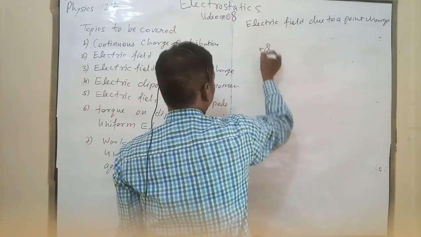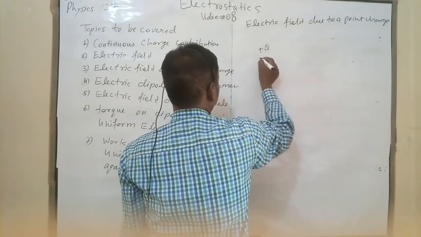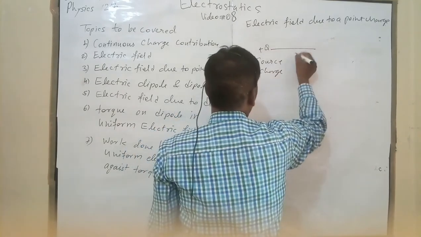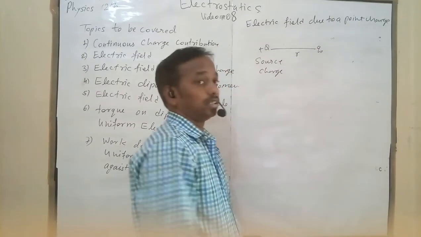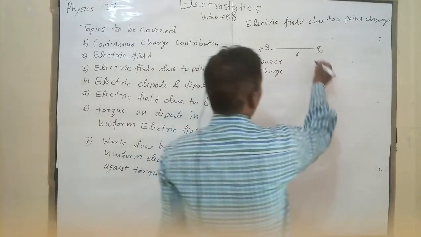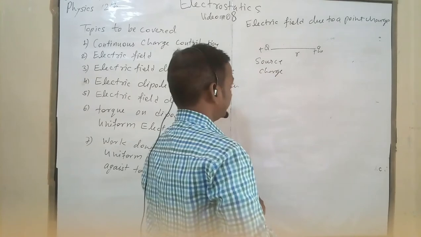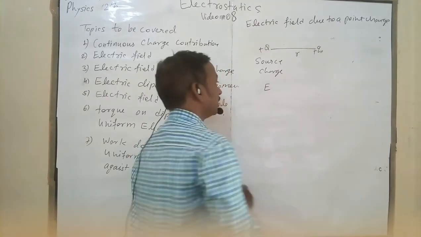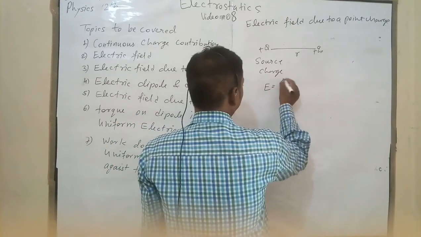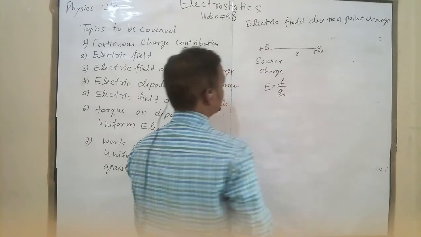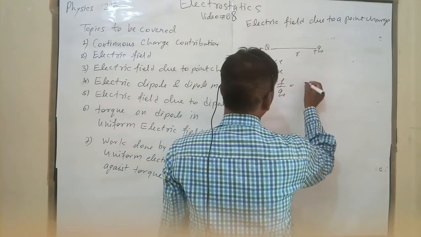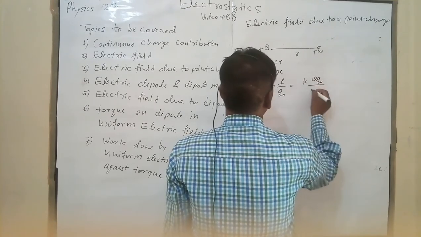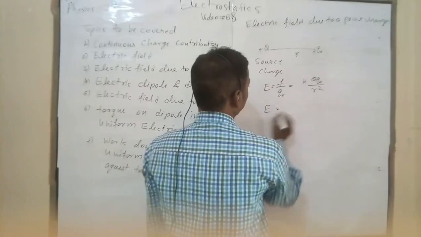Suppose there is a source charge, and at distance R there is another point charge, that is a plus charge. So what is the electric field? It is represented by E. We know that is F upon Q0. So put the value of force. We know that is K times Q Q0 upon R square.